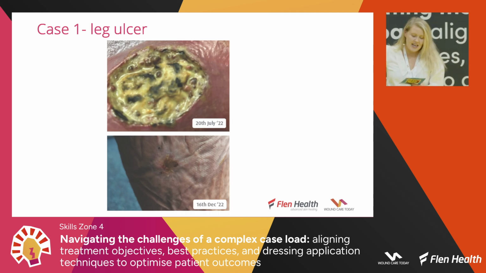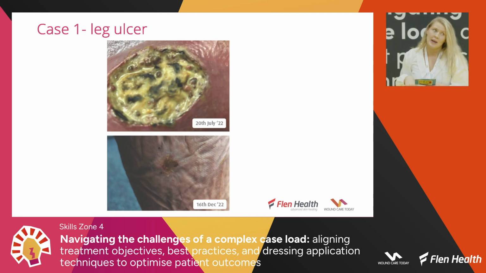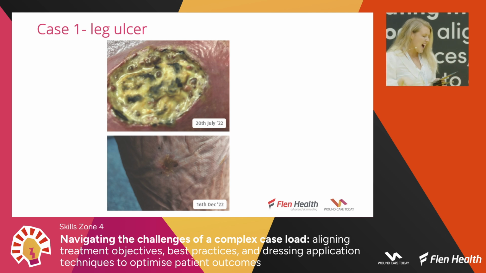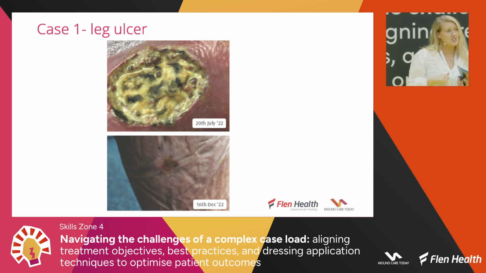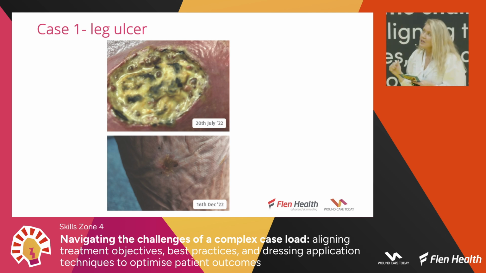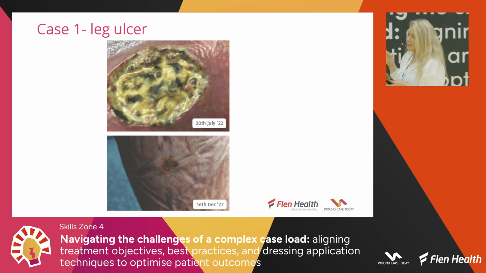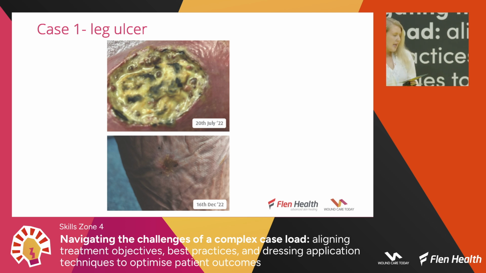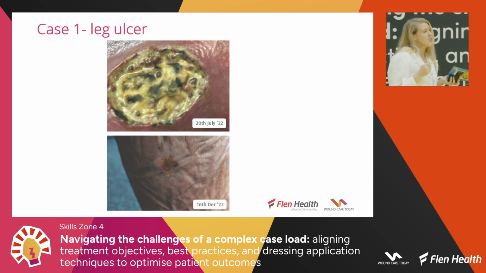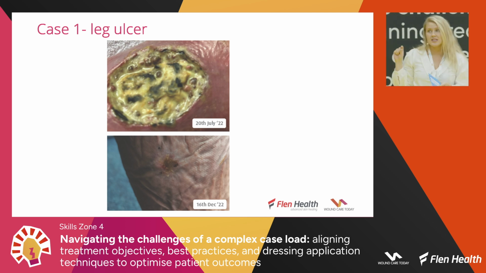So this is a leg ulcer from a 50-year-old male patient. He has a high BMI, hypertension, circulatory issues, and he's on a concoction of medication. He developed this leg ulcer secondary to a minor injury on his lower right leg. It measured 6.5 centimetres by 5 centimetres, and it had a 1 centimetre depth.